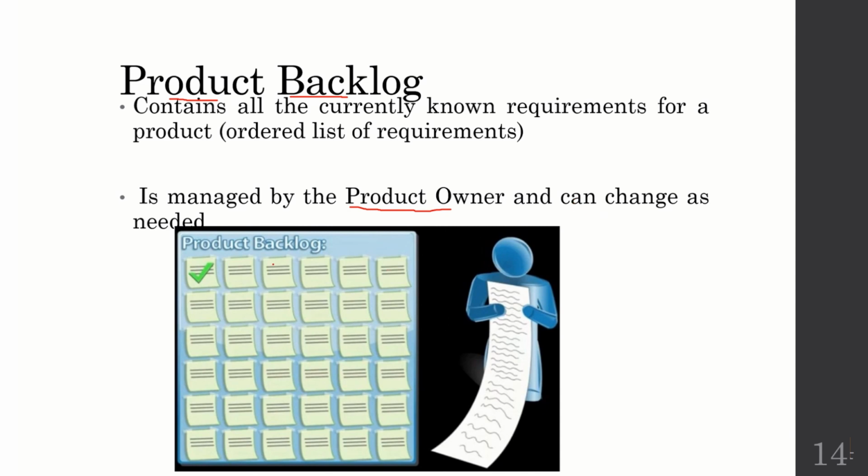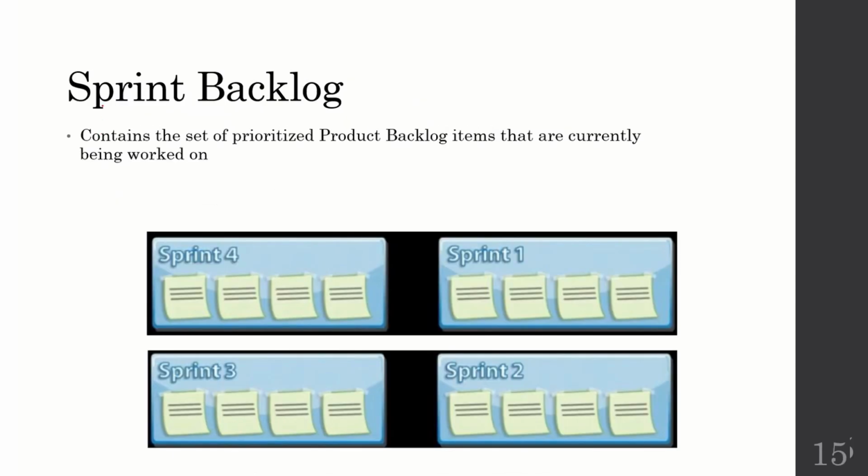This figure is showing you the product backlog view, that it contains all the requirements. Secondly, we have sprint backlog. You can consider a sprint backlog as a subset of the previous product backlog. And this is the formal definition given here, that it contains the set of prioritized product backlog items that are currently being worked on.